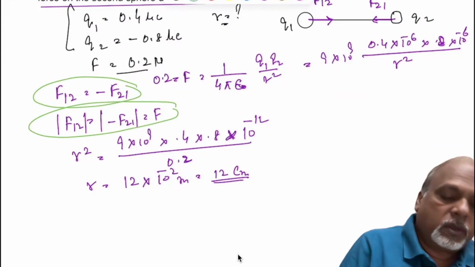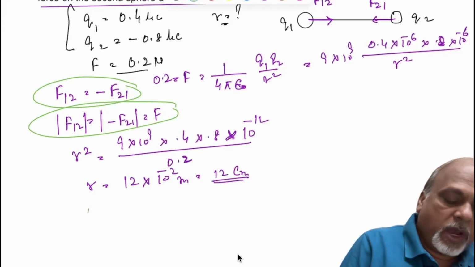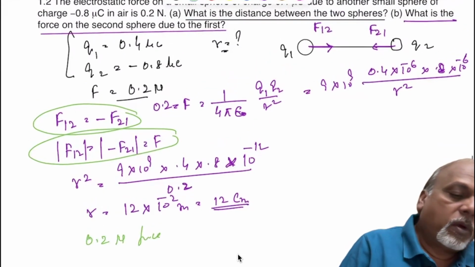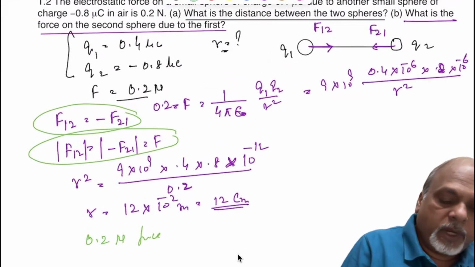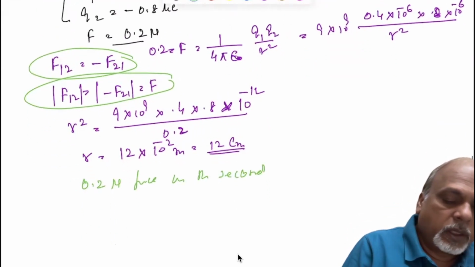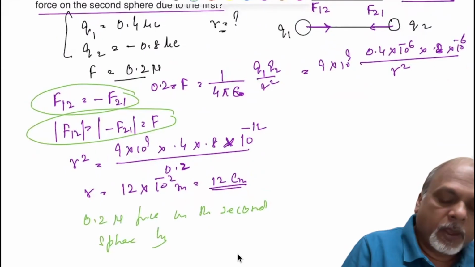So that means 0.2 Newton force will be on the second sphere by first.